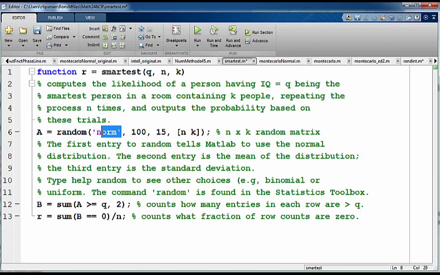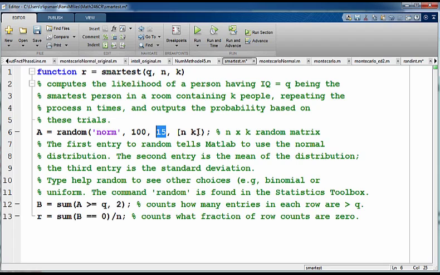The first entry tells MATLAB which probability distribution to use. So in this case, we're going to use the normal or Gaussian distribution, which is how IQs among a group of people are distributed. And typically with IQs, we assume that the mean or average IQ is 100 and the standard deviation is 15.